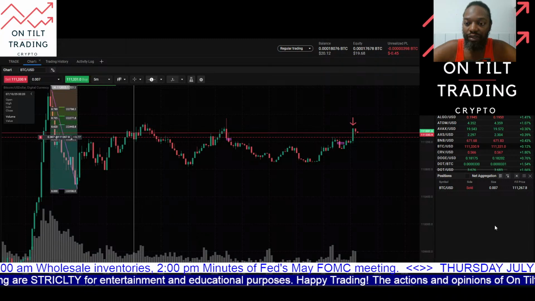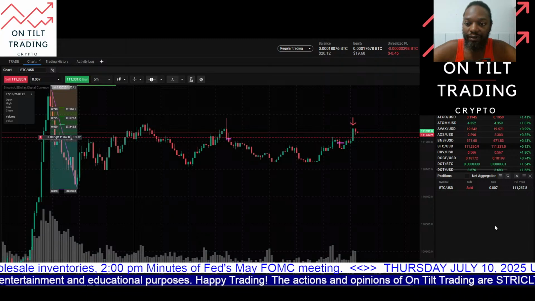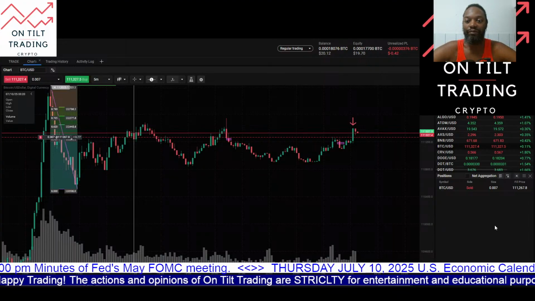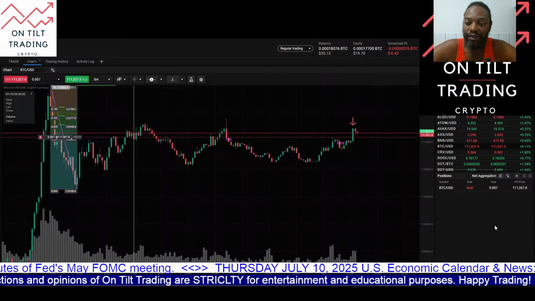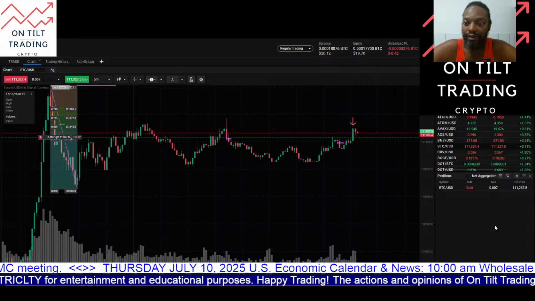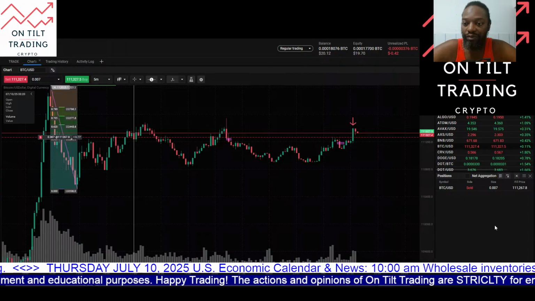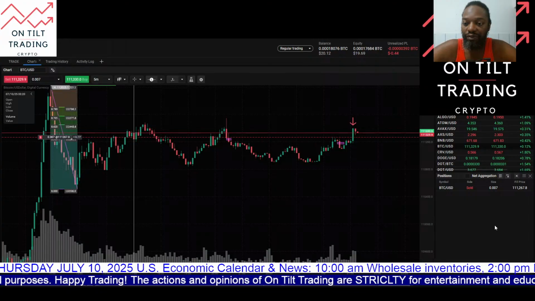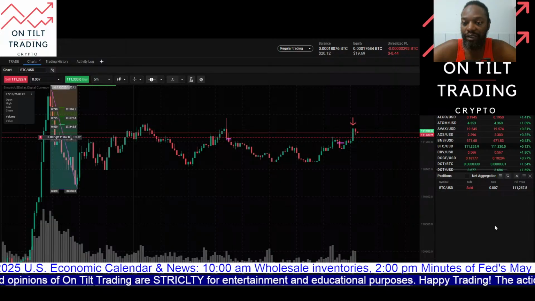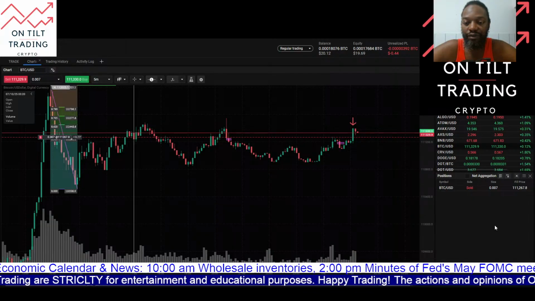Price trading at 111,330.9. And getting some sell side delivery here. Price appears that it will want to test the 111,320 level. Now consolidating between 111,320 and 111,350 levels.